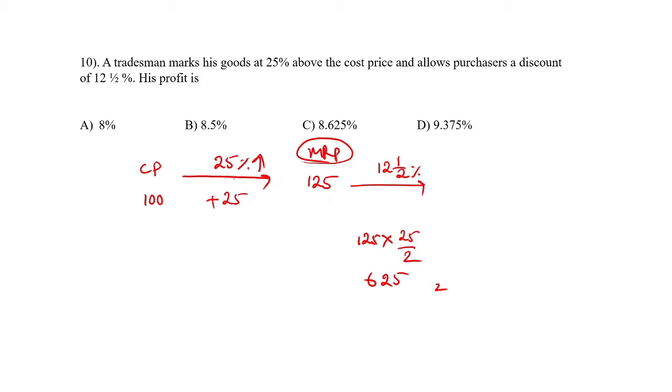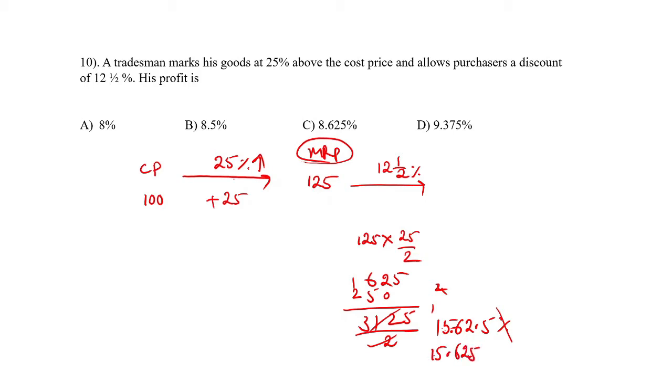Then 2 10, 1 carry forward, then 2 twos are 4 and 5, then 2 5 2 1 3 3, 125 by 2. Now what will be the result? 1 5 6 2.5 percent. Cancel this percentage symbol and place the dot before 2 digits. So what is the final answer?